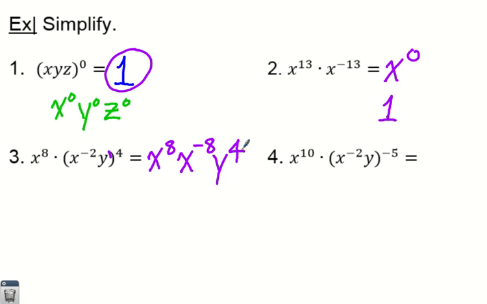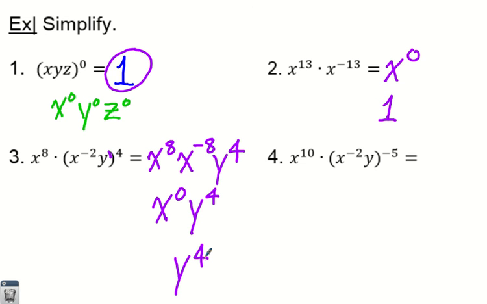Look at that. Now to do this, we're going to add the powers and get 0, bring down the y to the 4th. Now this is just going to be 1. So it's going to be 1 y to the 4th. Don't need to write the 1 in this situation. So the final answer is y to the 4th.